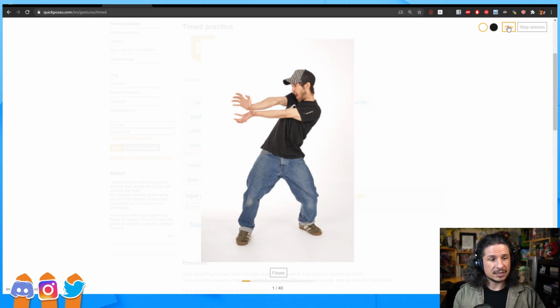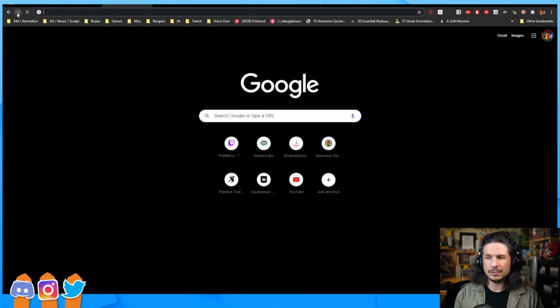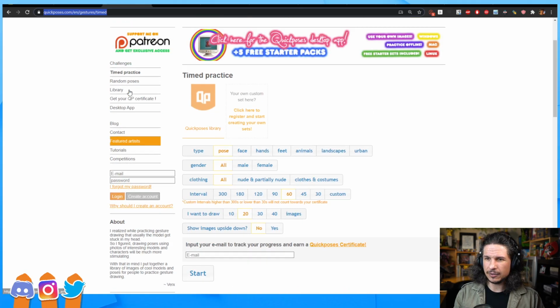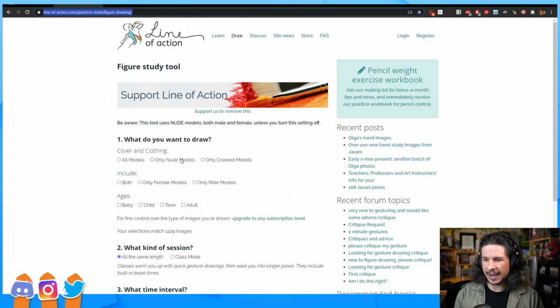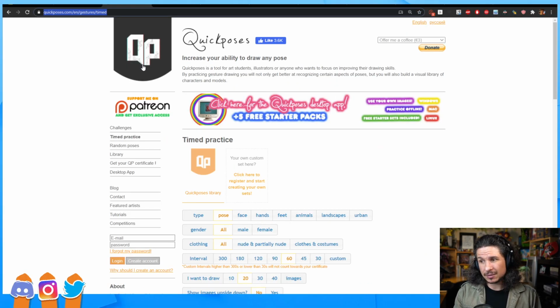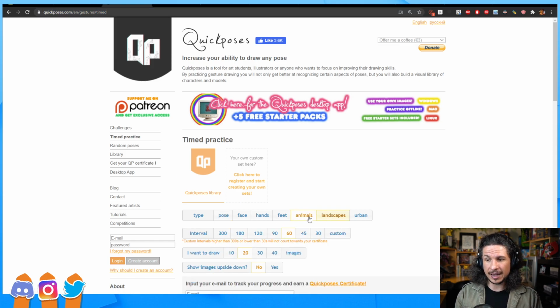Quick question, do these pose sites do creatures, dragons? I don't know. I think QuickPose, I know they do animals, so it depends on what kind of dragons you want. And if you're basing them off of a certain animal, that could work. So for example, I could do animals here.